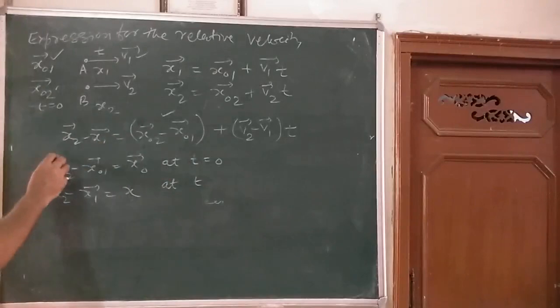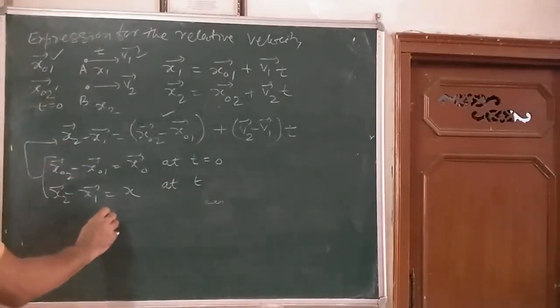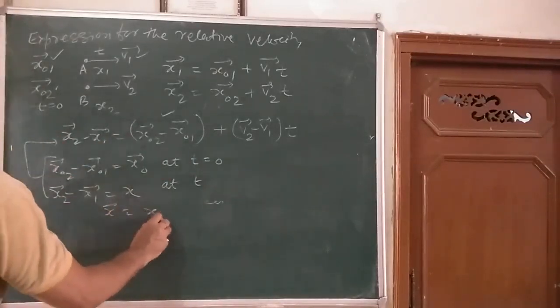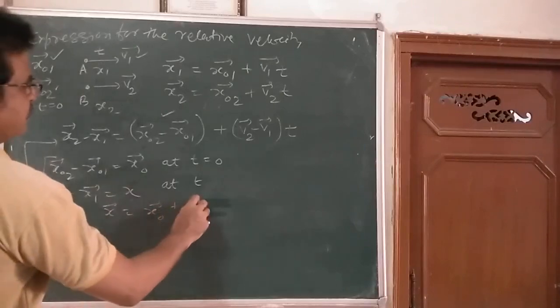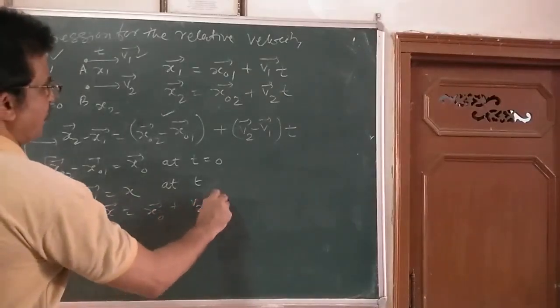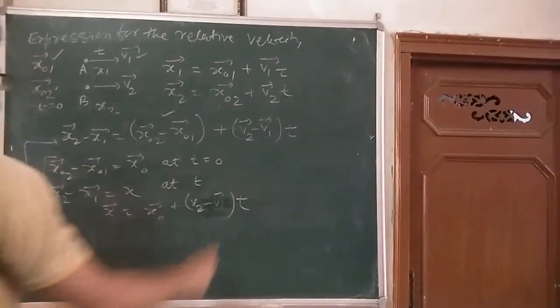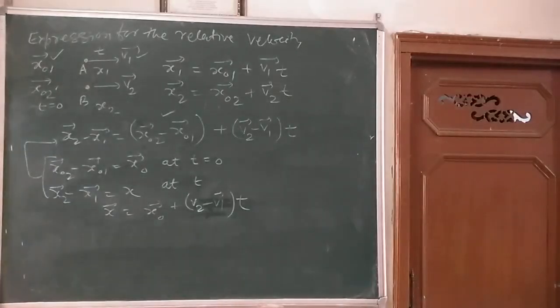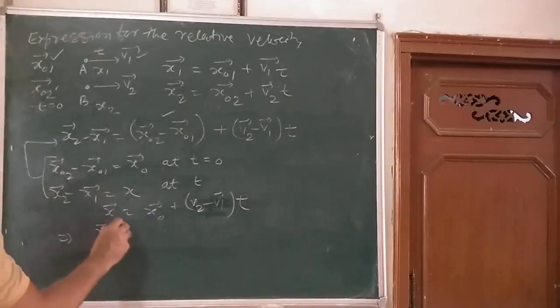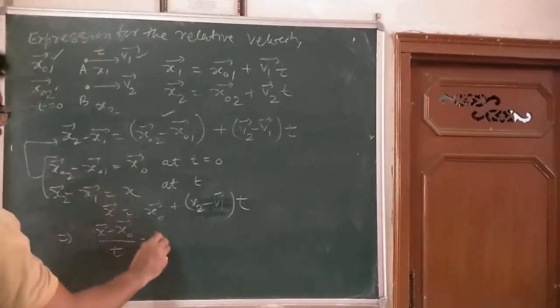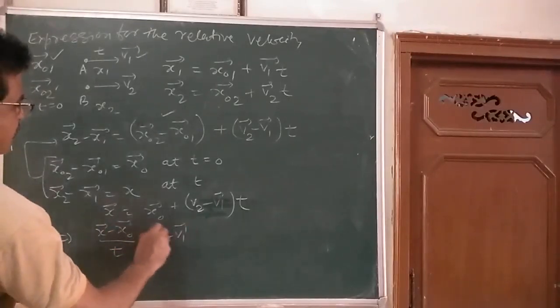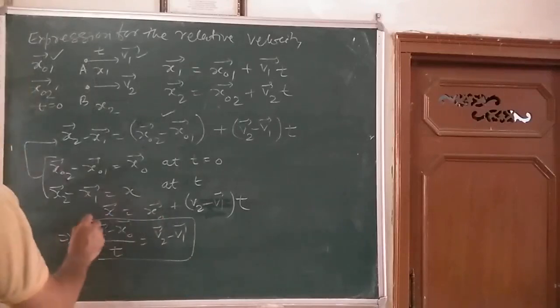So put these values here. So we are getting here x is equal to x naught plus v2 minus v1 into t. What you are getting here, x minus x naught divided by t is equal to v2 minus v1. This is the result.